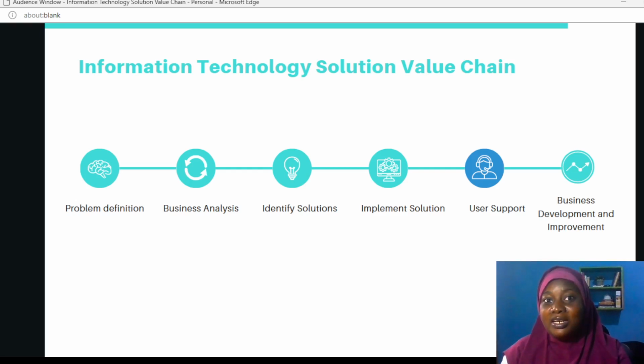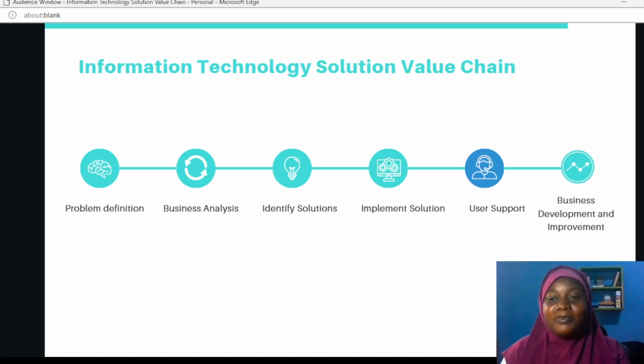The trend these days is not to do solution development linearly. The way I represented it visually is just visual. It's not necessarily that way in real life, practically.